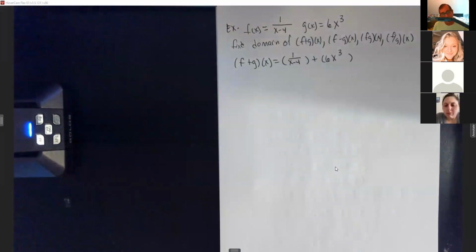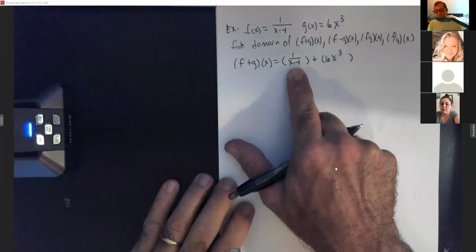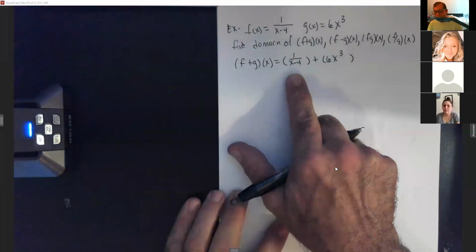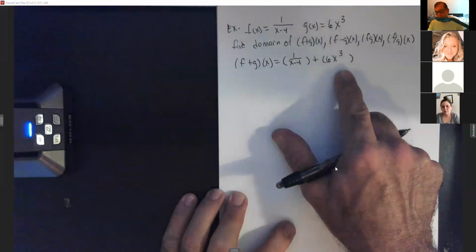Well, y'all guess what? When I ask myself if I see a fraction, yeah, I see a fraction in the first part of this, right? I got 1 divided by x minus 4. So that's bugging me. Now, this one over here has no fractions, so I'm not worried about it.